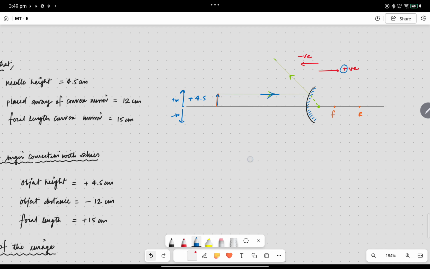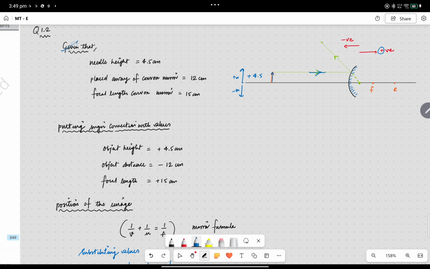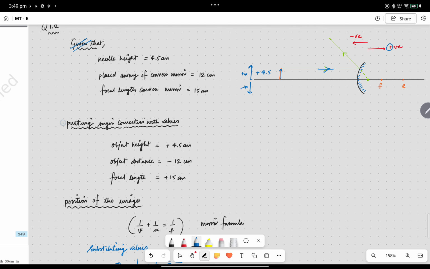Now what you have to do is, first of all, write the given section in your question answering format, right? Then the first step that you have to do, otherwise you will get the wrong answer, is to put the sign convention with the value. So for object height we have 4.5 given for the needle, with a positive sign, that is above the principal axis, right?